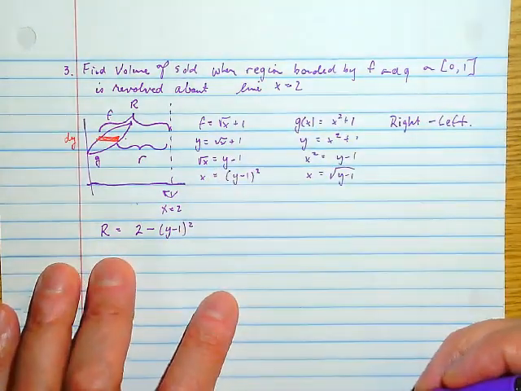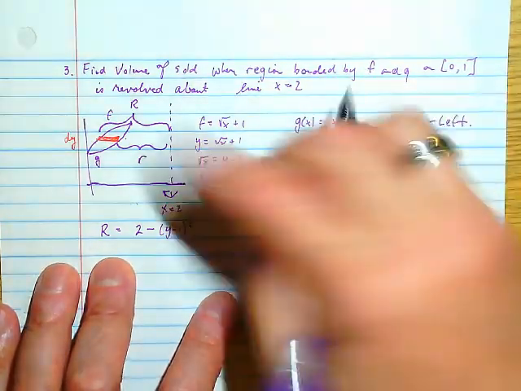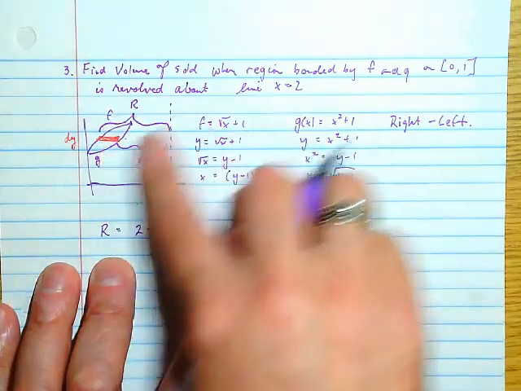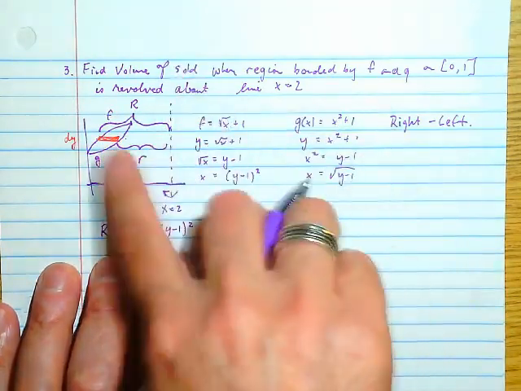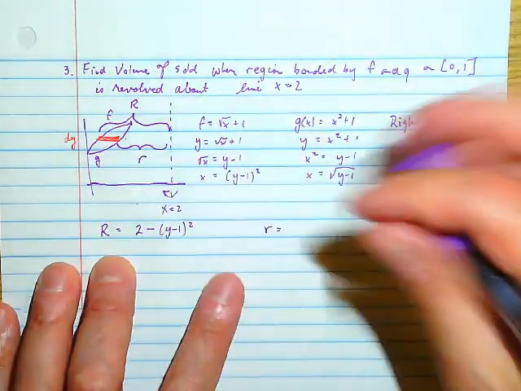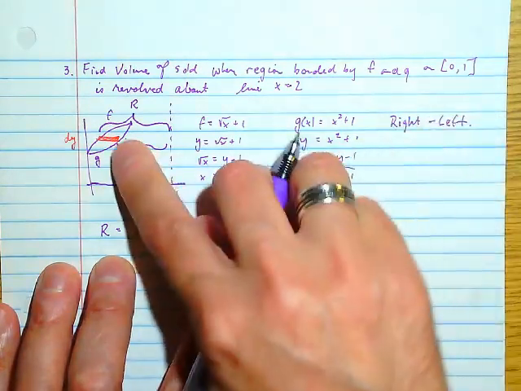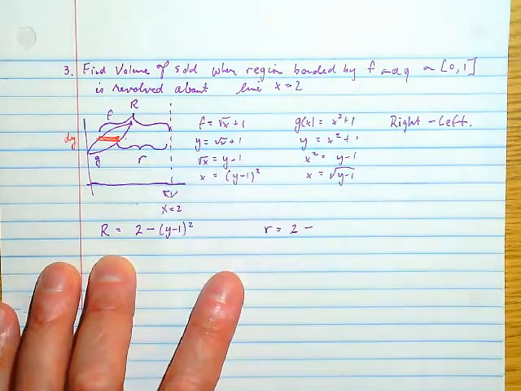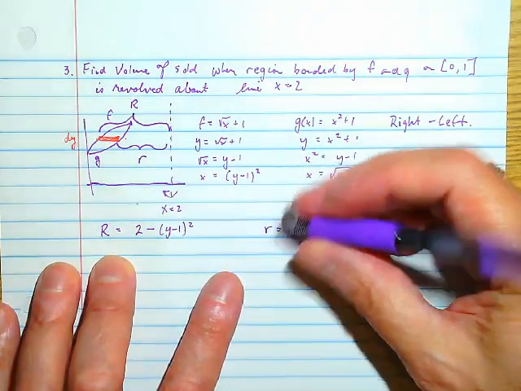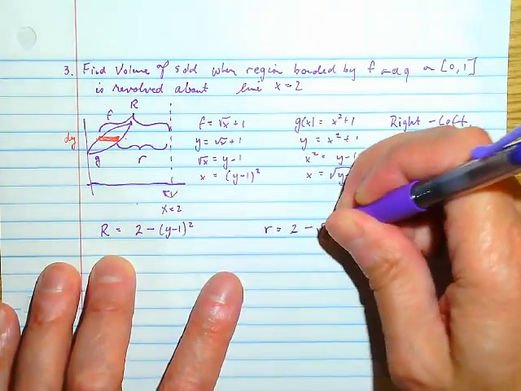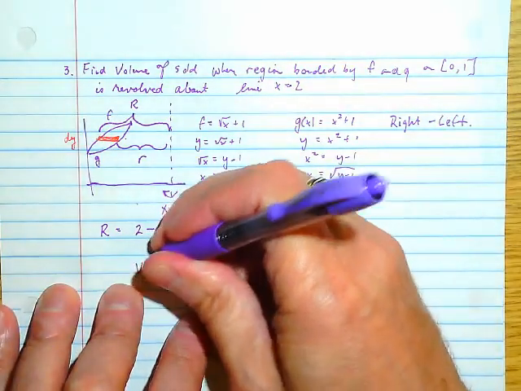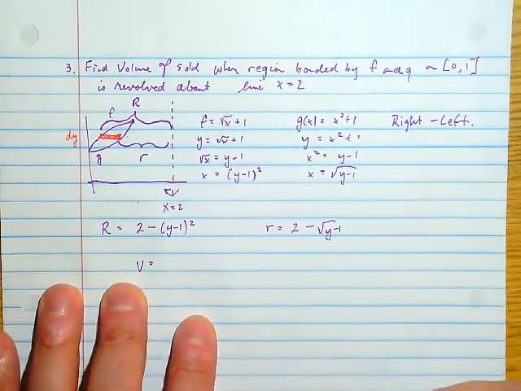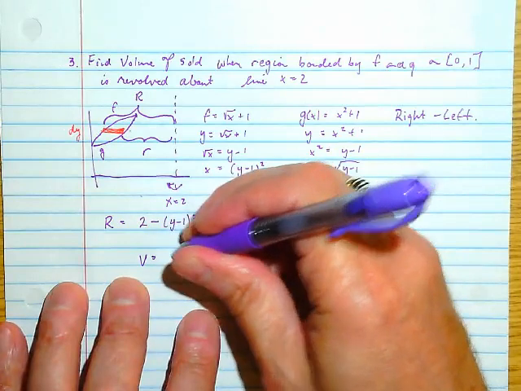That's my big R. Little r is the inside surface, the closer to the axis of revolution. So that's still going to be right minus left. 2 minus, well, this left curve of the g function here is, in terms of y, 2 minus square root of y minus 1. And we're still going to use our integral here, so pi.